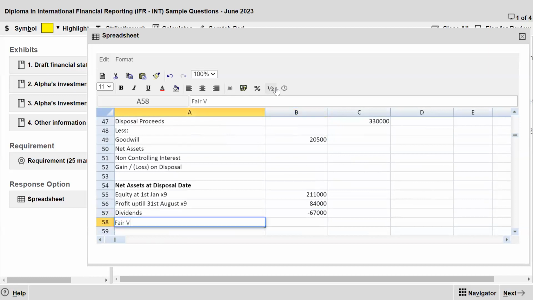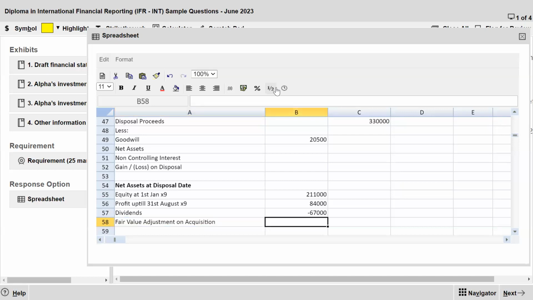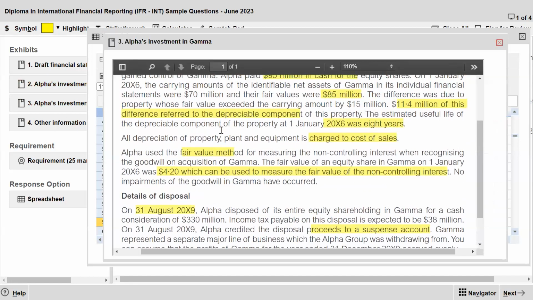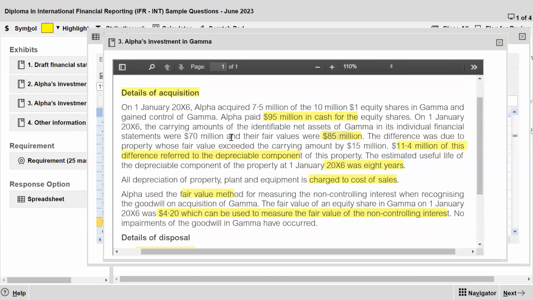Then the fair value adjustment on acquisition needs to be added, which was basically 15,000, because we were told that it was a 15 million adjustment: 85 million here and 70 million the carrying amount.